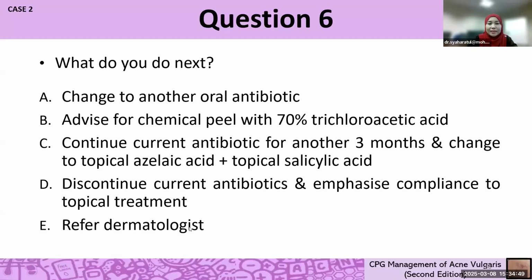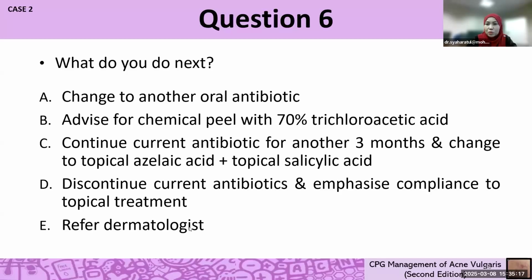Let's see what the answers are. Okay, everyone wants to refer to a dermatologist straight away, E. I see B there, TCA. But please remember, for a general practitioner or family medicine specialist, if you want to do a chemical peel, you have to be credentialed. Most of us answered E. D there, which is discontinue antibiotic and emphasize compliance.